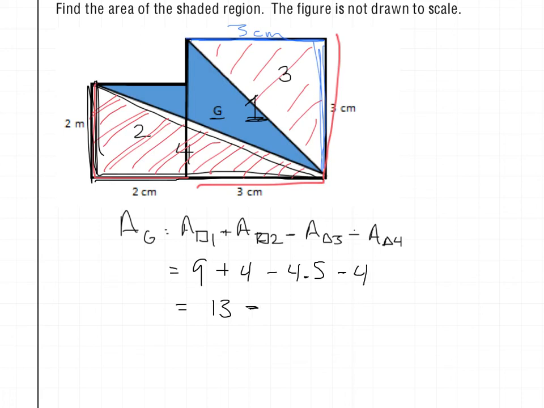That gives us a total subtraction of 8.5, which would give us a total area remaining of 4.5 centimeters squared.